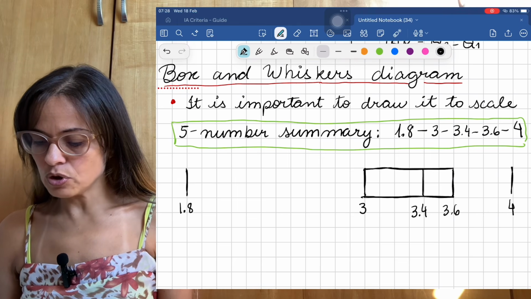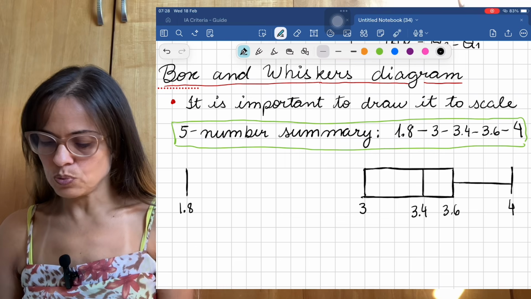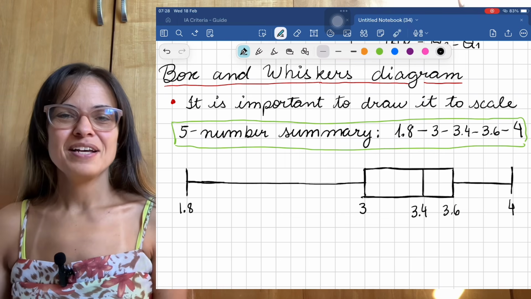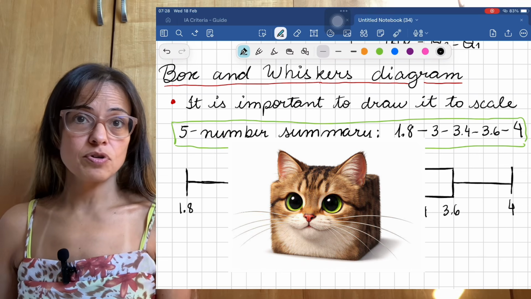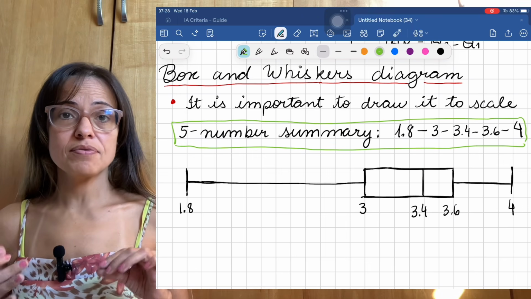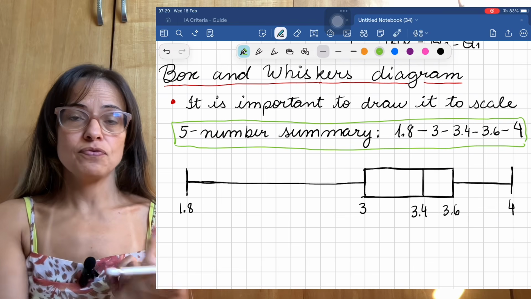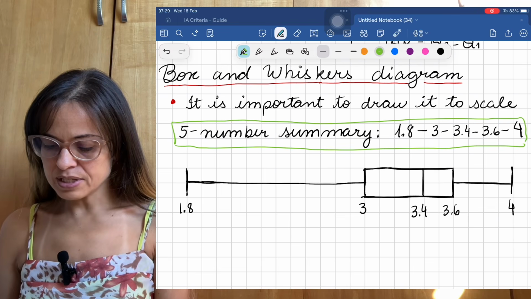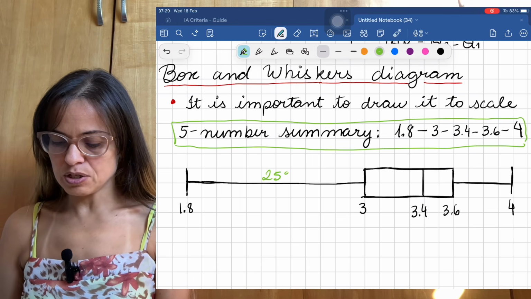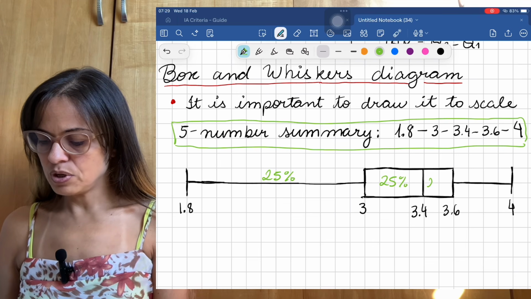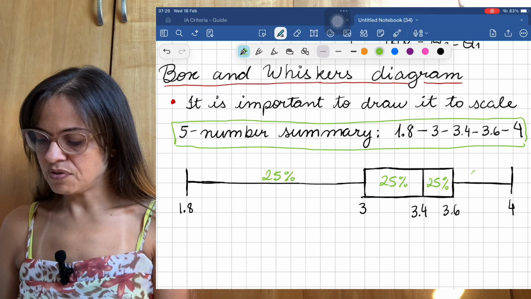The rest we're going to connect as well, but we're going to connect with a line that doesn't attract as much attention as the box. These are the whiskers of the graph. And because of the way that the 5 number summary was chosen by splitting the data into 4 quarters, we can say that 25% of our numbers are here, 25% are here, 25%, and 25%.